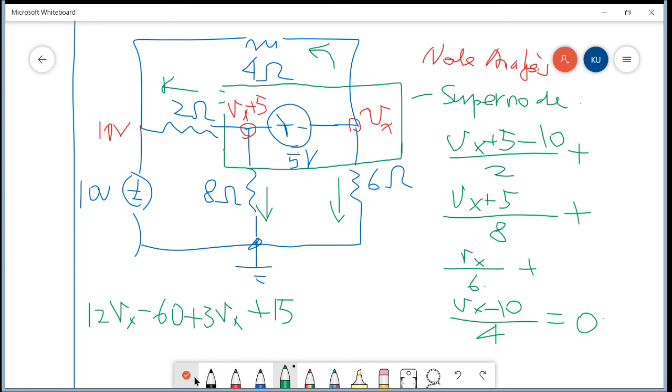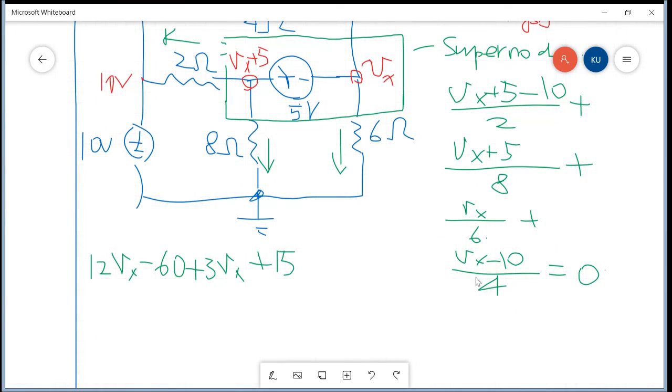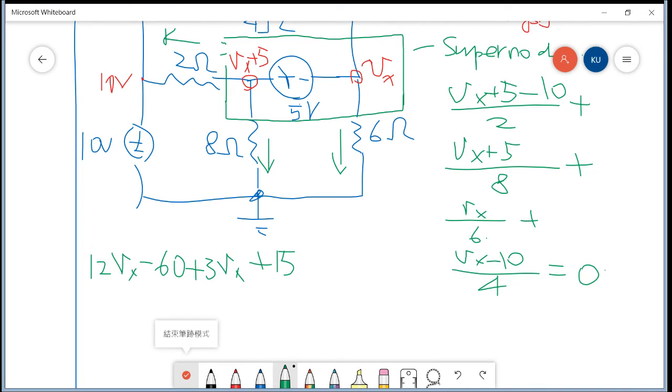And then next, we have this one. So we have 24 over 6 is 4. So we have plus 4 Vx. And for this one, 6 Vx minus 60 equals to 0.